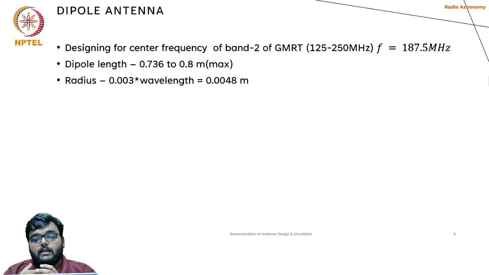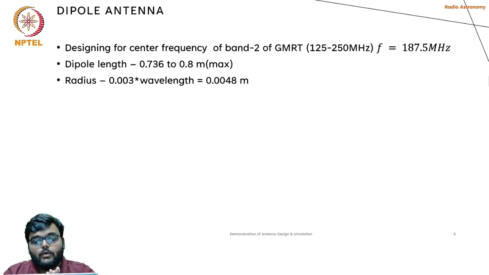187.5 megahertz corresponds to a lambda of 1.6 meters. So the dipole length will ideally be half of that, which is 0.8 meter. The range will be roughly 0.72 to 0.8, however we will take it from 0.46 lambda to 0.48 lambda, that is 0.736 to 0.768 meter, and we will keep the radius of the wire at 0.003 times lambda, just a random value.